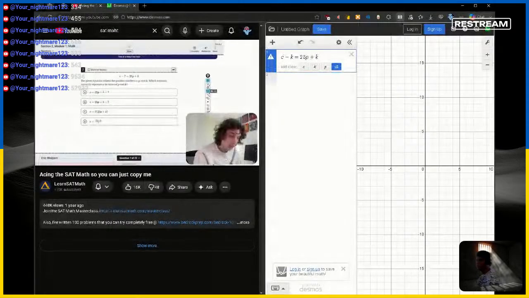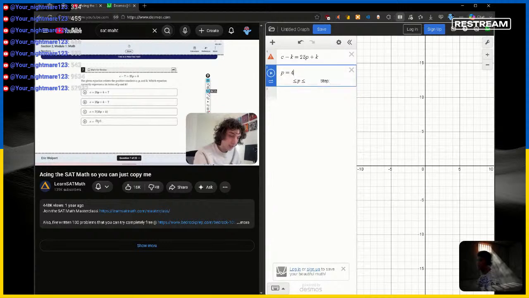Alright, it says that C, P, and K are positive, so wait. The equation currently expresses C in terms of P and K. So okay, let's say P equals 4 and K equals maybe 5, or 6, 7.